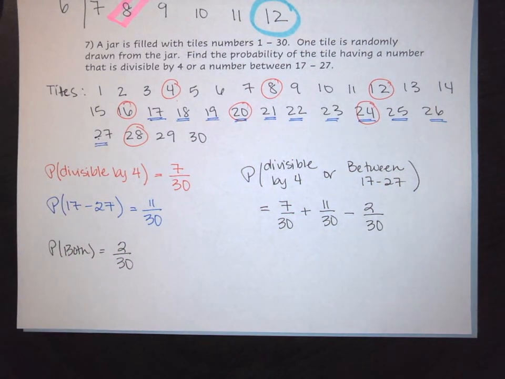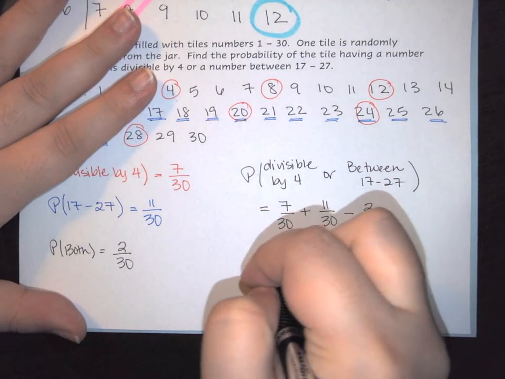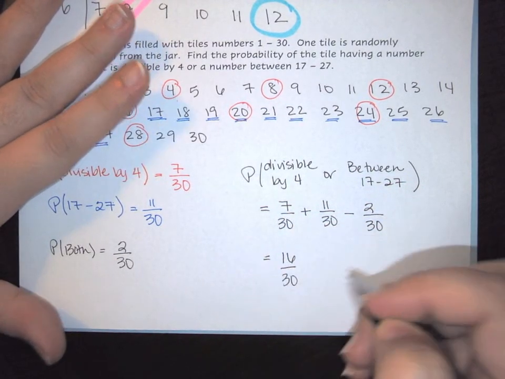And so in this case, we would end up with our probability being 16 out of 30.